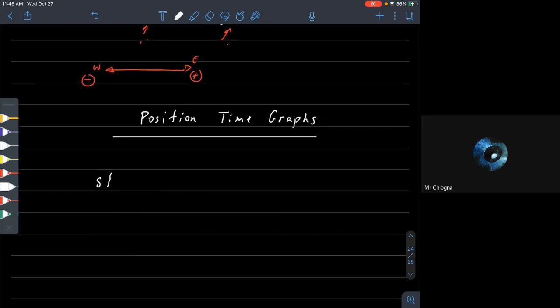Slope of a position or D versus T graph equals the velocity of the object. How fast it's moving.